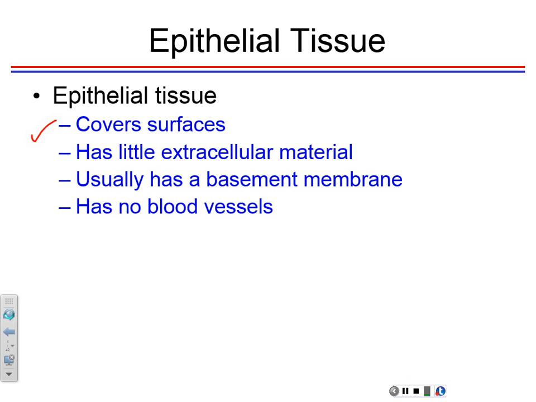Like I said, compared to connective tissue, it has very little extracellular matrix, and more cells than we have extracellular matrix, right? And then it usually has a basement membrane on which the cells are layered, and it's avascular, meaning no blood vessels.